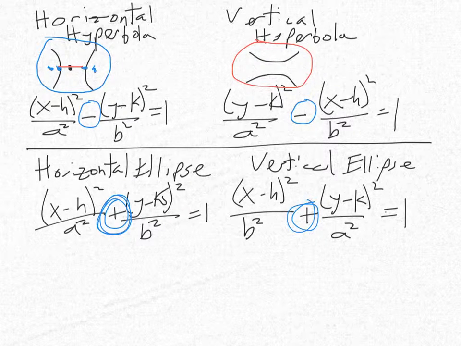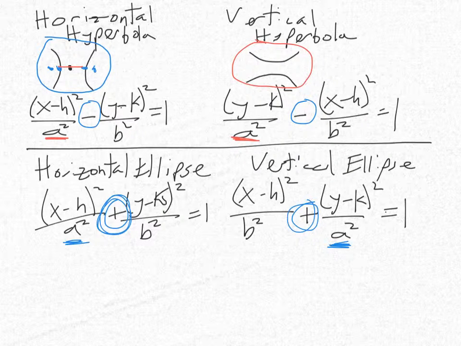In an ellipse, the way you know the direction of the ellipse is by where the a value is. A is always the bigger number in the ellipse, and that's how you determine which way the ellipse is going to be. But in the hyperbola, notice that the a value comes first both times. So in the hyperbola, a could be the bigger number, a could be the smaller number. A and b are kind of irrelevant. What matters in the hyperbola is which letter comes first.